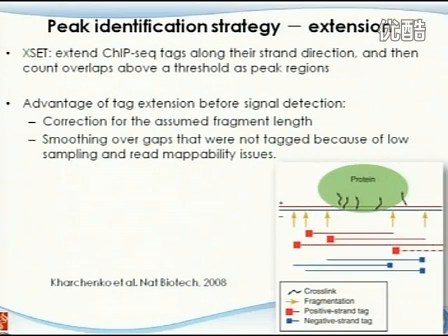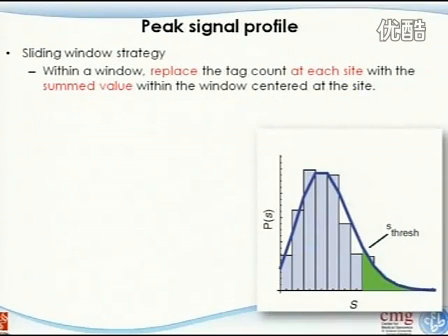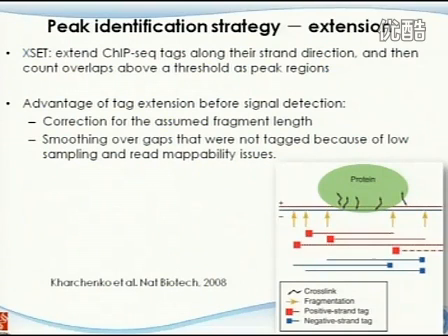Or this particular small region happens to be not mappable, because it's the same sequence as somewhere else, and that causes there to be nothing mappable here. Once you do the extension, those can be smoothed out, so you don't have to worry about those issues anymore. Okay?